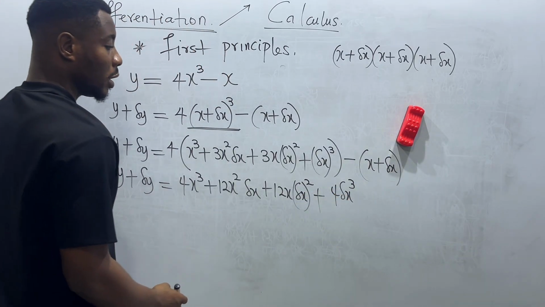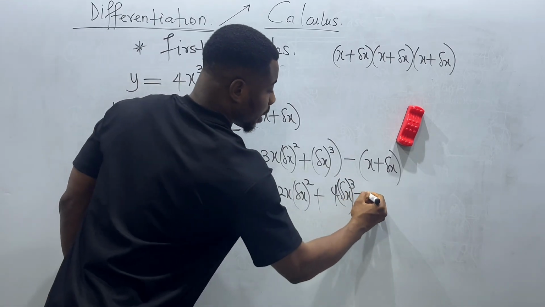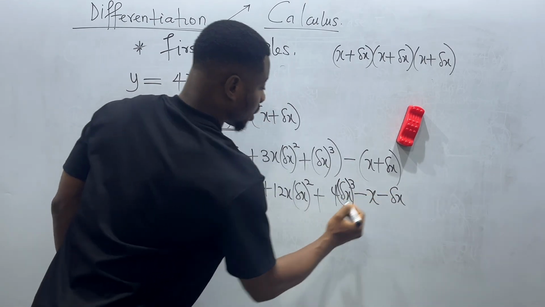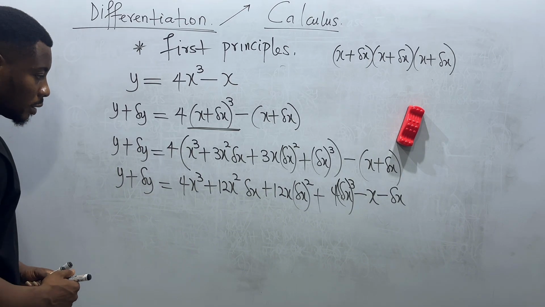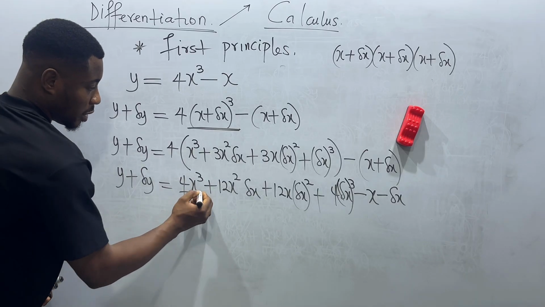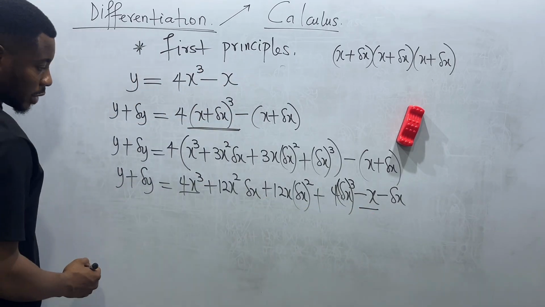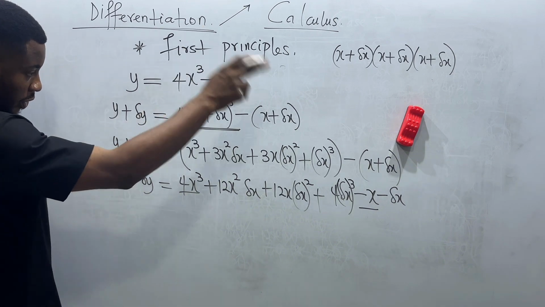Then if I open the bracket here, I'm going to be having minus x minus change in x. Okay, so I can actually do this. I could bring this and this together. So I have that, and at the same time, I want to carry y to the other side.